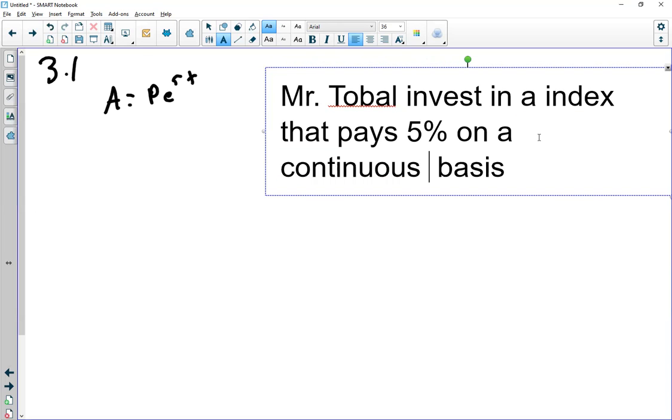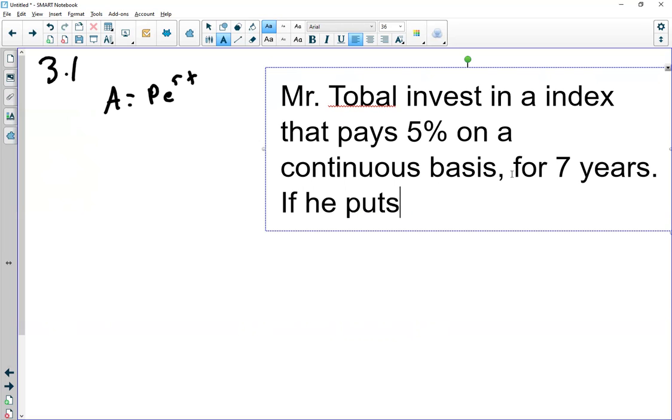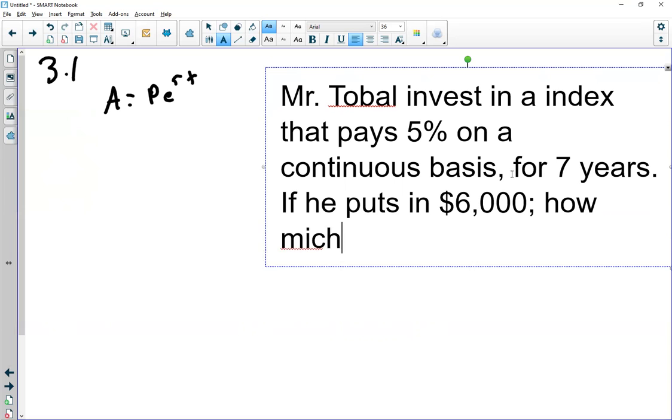It's easier to plug in, but it's the same difficulty, as you just need a calculator to plug it in. This is the index that pays 5% on a continuous basis for, let's do 7 years. If he puts in $6,000, how much will he have at the end?